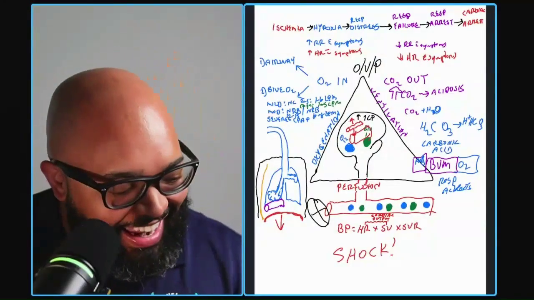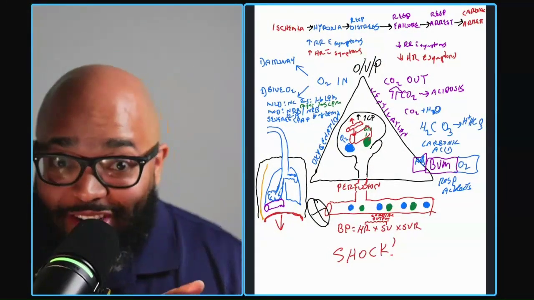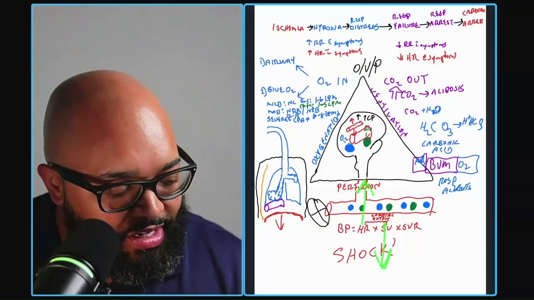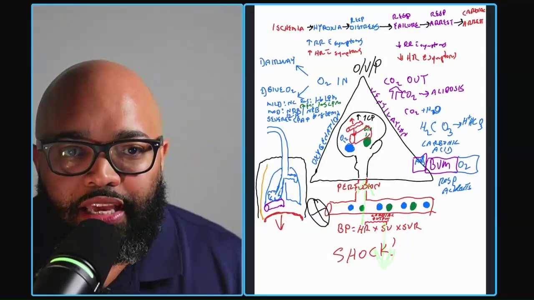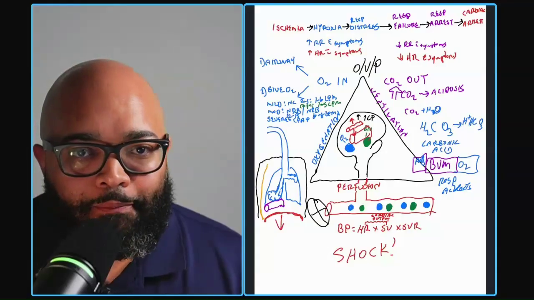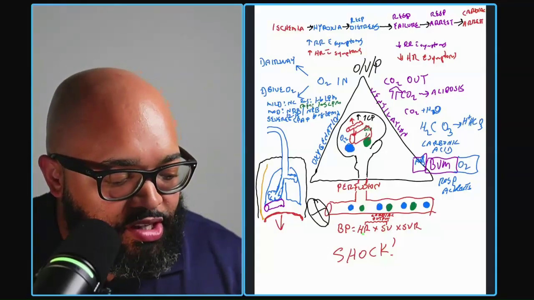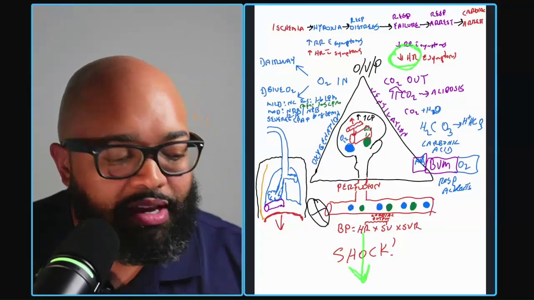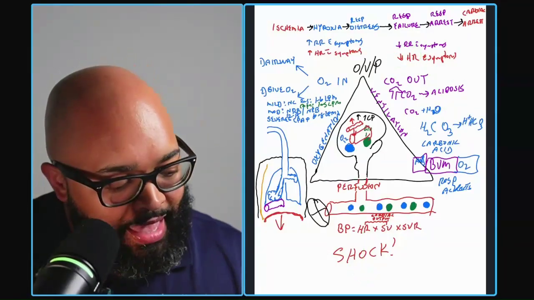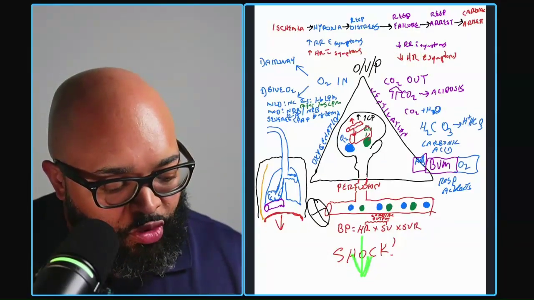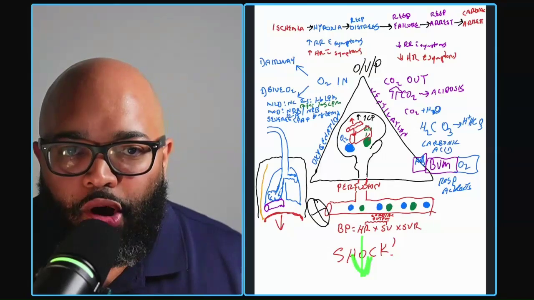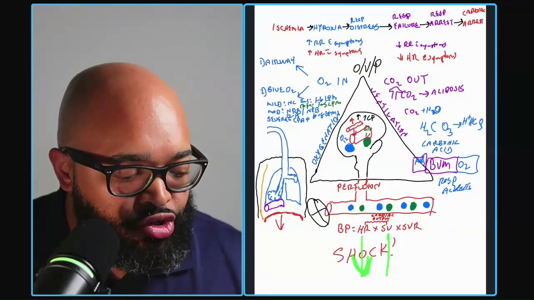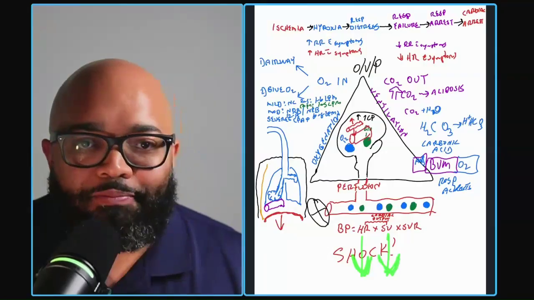Okay, I like that. And okay, so I like how you're saying it. As that heart rate continued to go up, stroke volume continues to go down. Well, eventually, the heart rate can't keep up. So eventually what happens is the heart rate will actually start to come back down. Remember I said that the heart rate starts to come back down eventually? As this heart rate starts to go down, and because the heart is stressed out and it can't function as well, the stroke volume starts to go down.